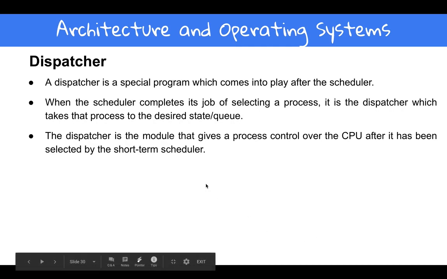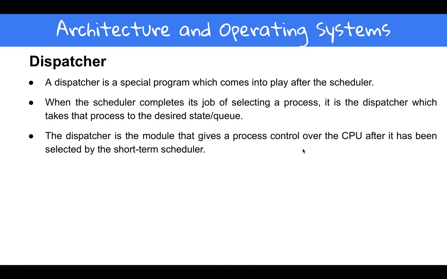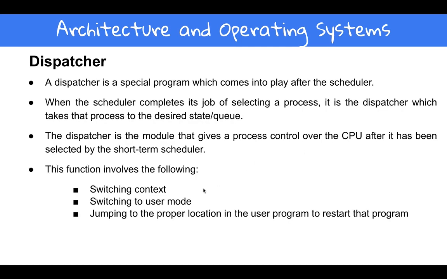So the dispatcher is the module that gives a process control over the CPU after it has been selected by the short-term scheduler. That's important. What are the functions? Context switching, switching to user mode, and giving the right place for the program.